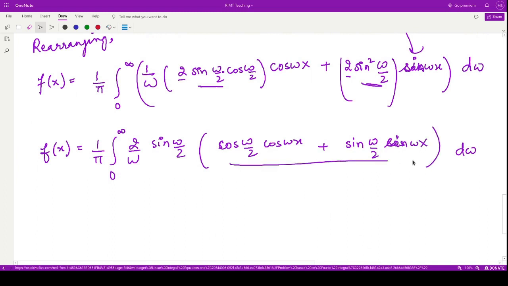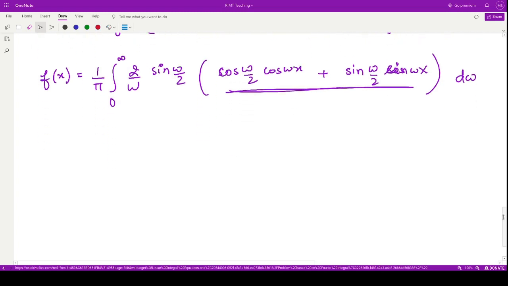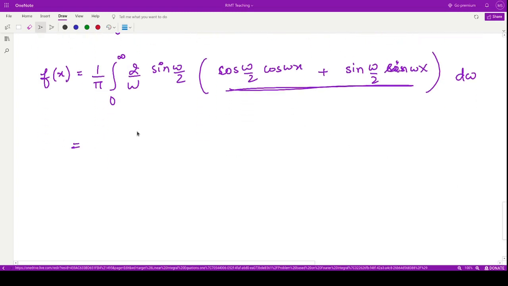Now look at this term. This term is cos A cos B plus sin A sin B. So we can use the formula.